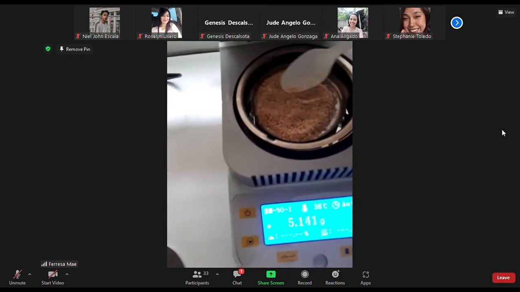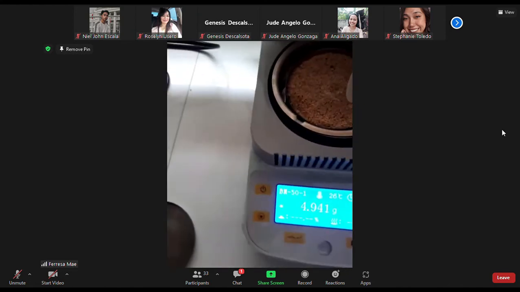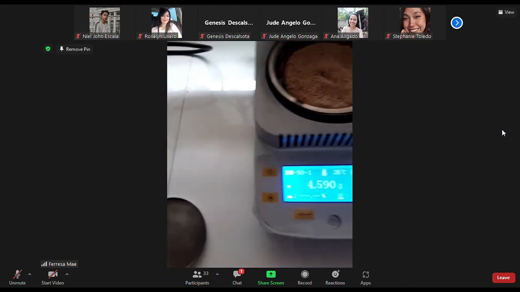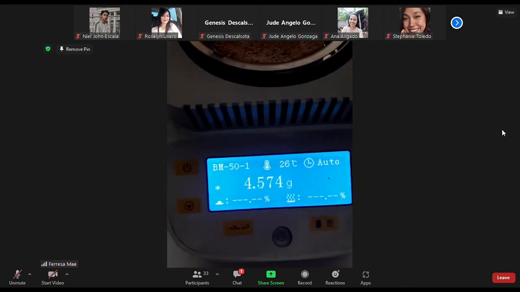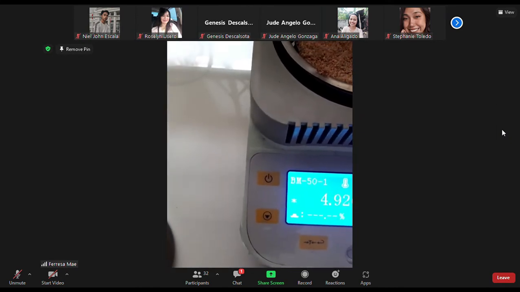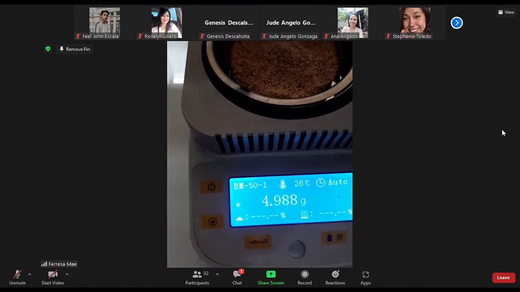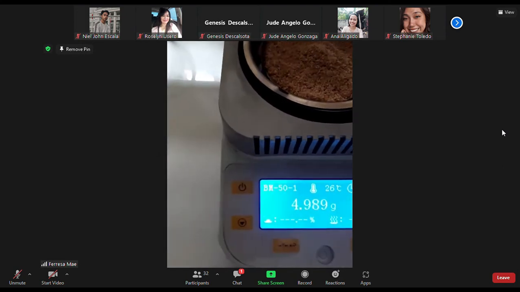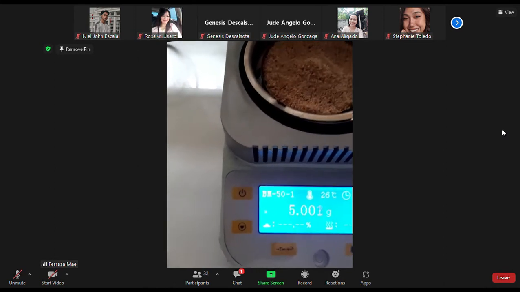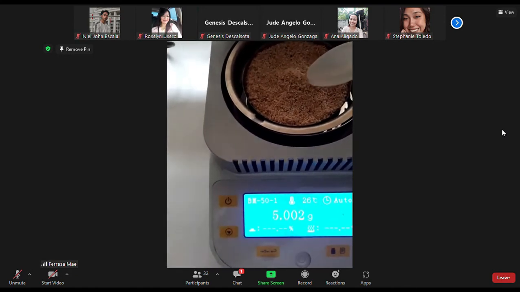I-spread nyo lang siya para uniform ang iyang unod sa sulod. So that's 4.574 pa lang. So that's 5.003.